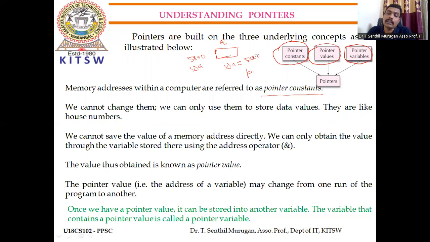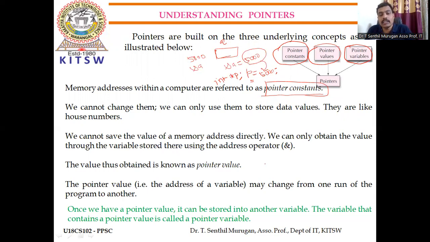So for the variable P, in case I declared int *P, a pointer variable, I can directly assign this location address to this pointer. P equal to 5000. If I write like this, it is considered as a pointer constant. The address of the memory I assigned directly to the variable.